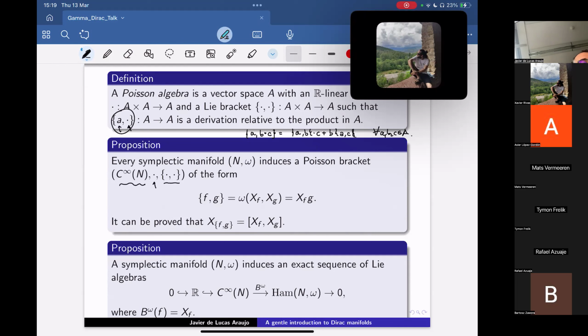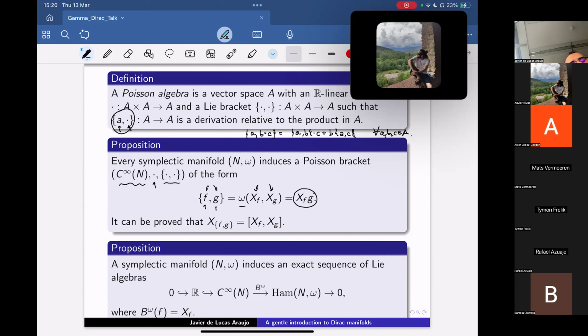And the second thing is a bracket that is defined by means of the symplectic form in this manner. You pick up two functions. For every function, I said that you can define a unique Hamiltonian vector field, and you can do the contraction of the symplectic form with these two vector fields, and obviously this gives you a function.